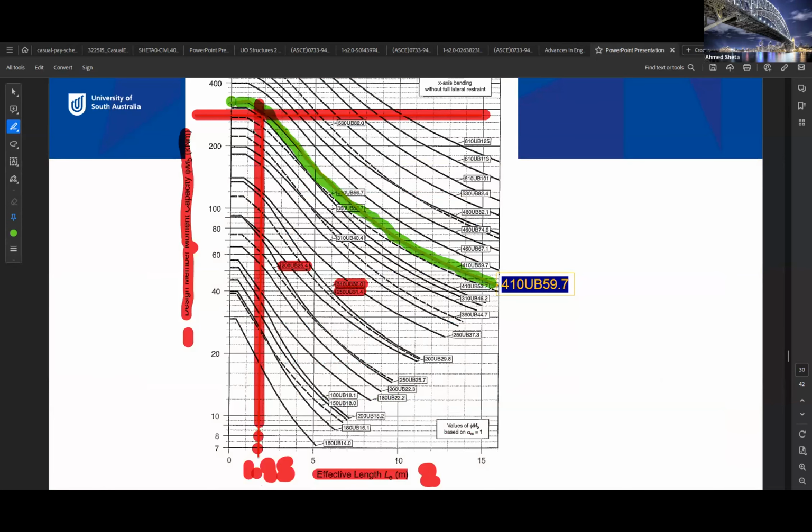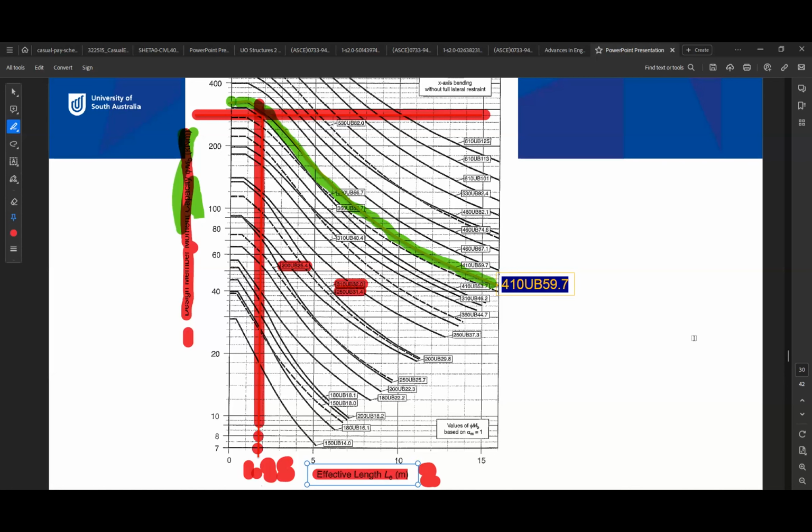So, do you have any problem with selecting the beam? No, all good. So you have to get into this chart using two values: the moment on the beam here in kilonewton-metres, and the effective length of the beam, which is the distance between the secondary beams in your assignment. Make sure you use the correct table, because the first time I did it, I used the wrong one.